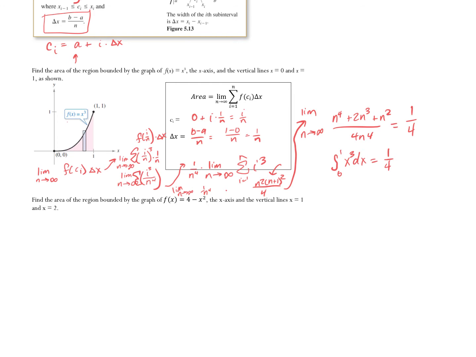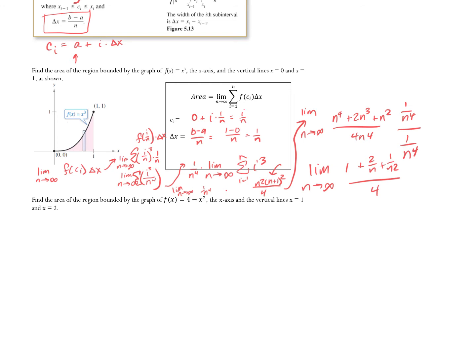No, how does the limit simplify to 1/4? Okay. So essentially, if we multiply through by 1 over the largest exponent, we'd then have the limit as n approaches infinity of 1 plus 2 over n plus 1 over n squared, over 4. Otherwise it takes too long to do L'Hopital.